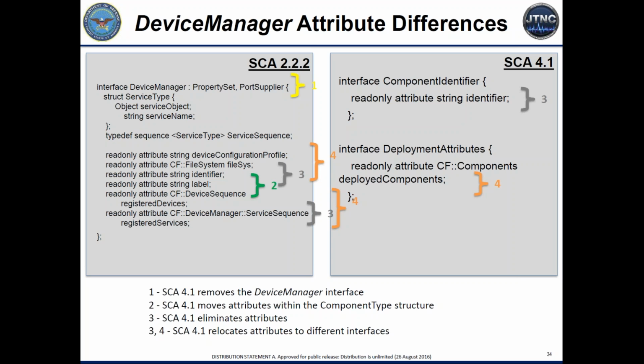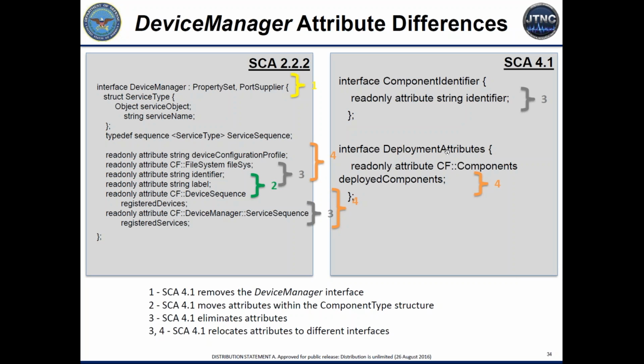File sys is one of those situations which is held, I believe, in a manager info structure that is going to be used for device manager components. As I had mentioned before, it's the same concept, it's the same information, it's just a matter of holding that information within a different location.